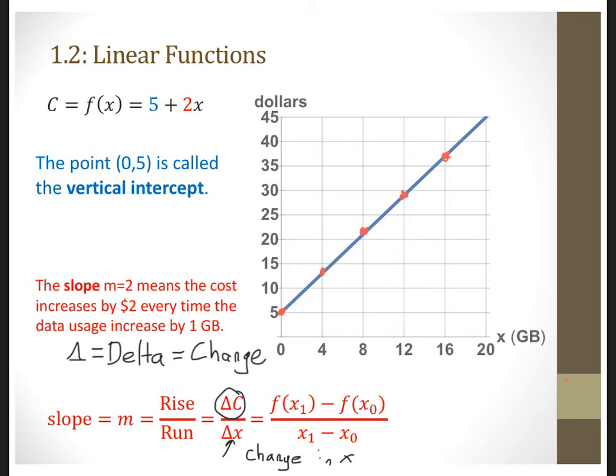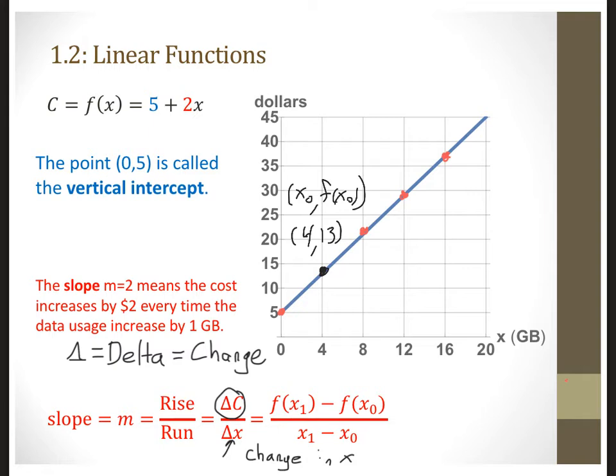In any case, looking at the graph up here, let's pick 2 points. So let's say we have a point over here at the coordinates of this, x is equal to 4, and we calculated that that cost was $13 a month. So this is our initial point that we're taking. So we're going to call this, in general, it has coordinates (x0, f(x0)).